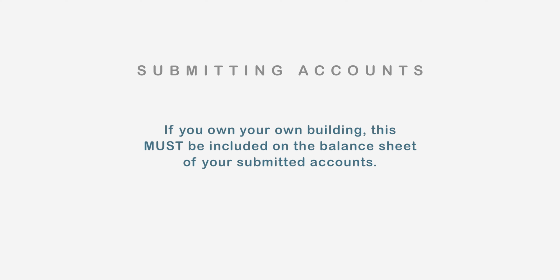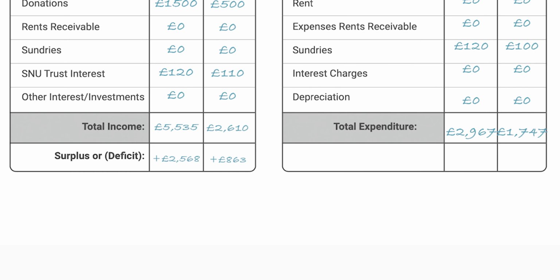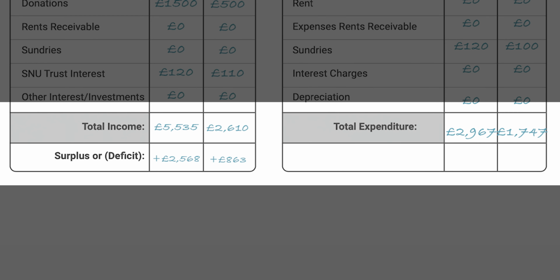It's important to remember that when you're submitting accounts to the SNU, if you own your own building, then that will need to form part and parcel of the balance sheet at the front of those accounts. So we would expect to see income over expenditure, giving either a surplus or a deficit, and then obviously an overall value of the building and its contents.